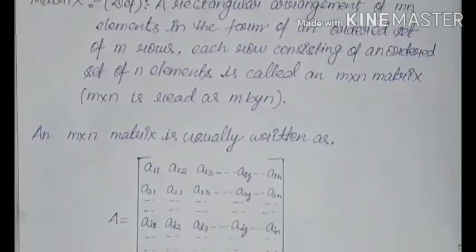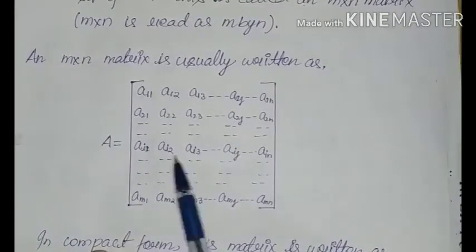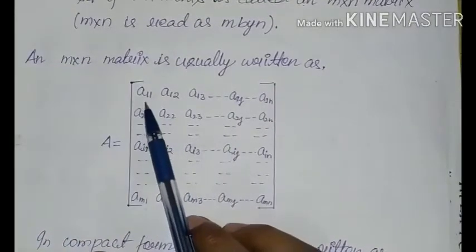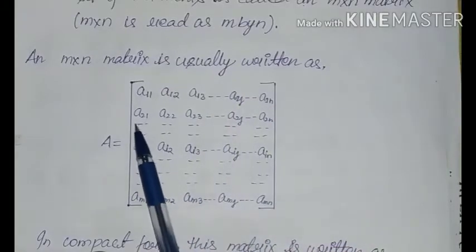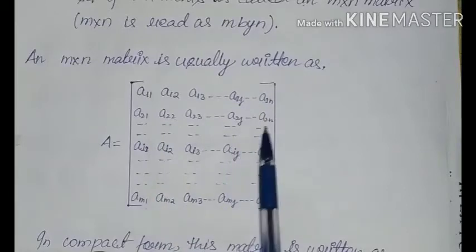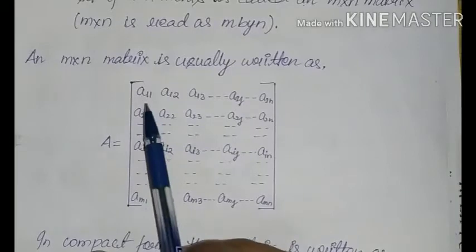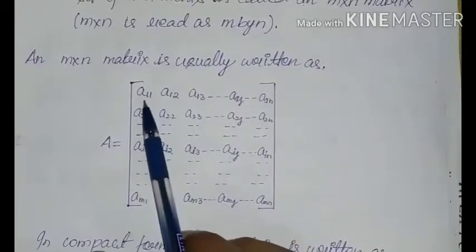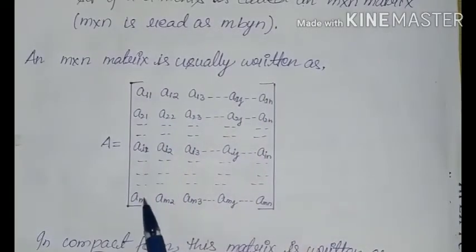An m by n matrix is usually written as A equals A11, A12, A13, A1j and so on, A1n, and like this A21, A22, A23 and so on, A2j, A2n and so on. This place is A11, the place of the first row and first column.